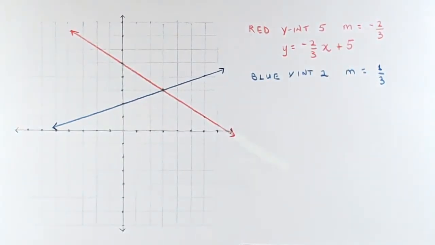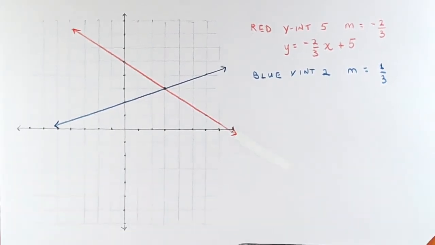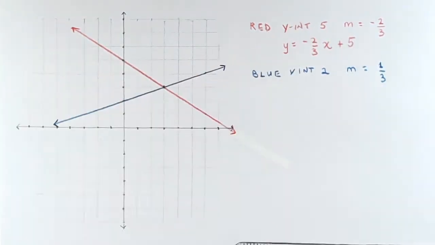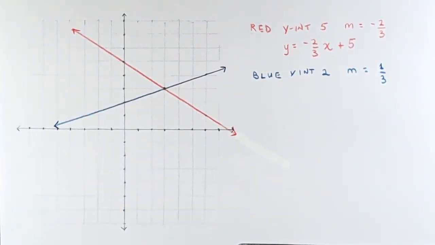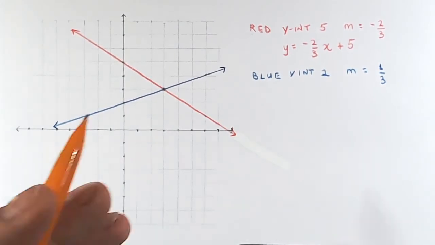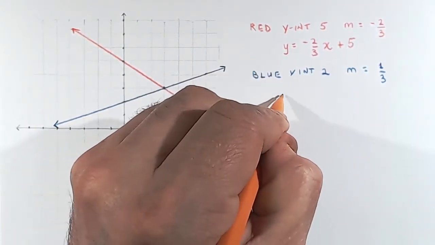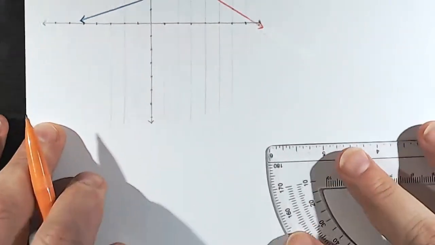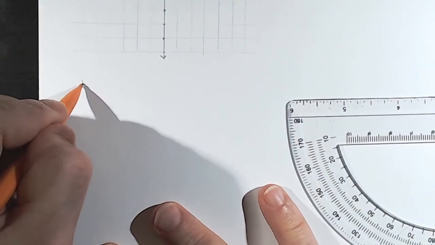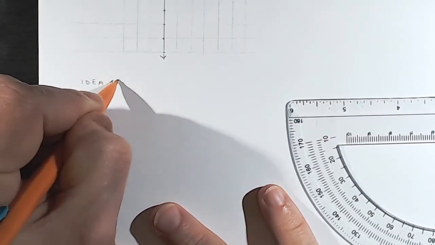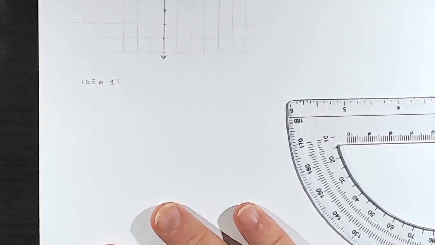Okay, so how are we going to invent this average line? Well, one idea would be to average the slopes and then average the y-intercepts. I can see that being an idea. If we did that, we would have 5 plus 2 over 2. So this is our first idea down here. Idea 1. Average the slopes and average the y-intercepts.